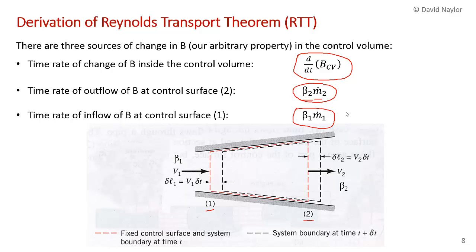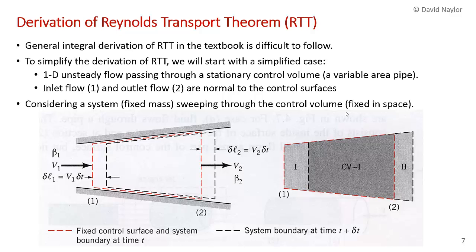Let me go back one slide just a moment to explain something before we go to the next slide. At time t, the mass inside the system that we're considering is coincident with the control volume. And then at time delta t, it's moved a little bit to the right.